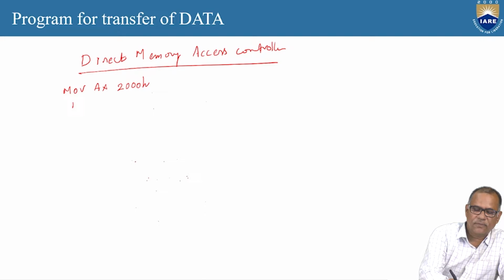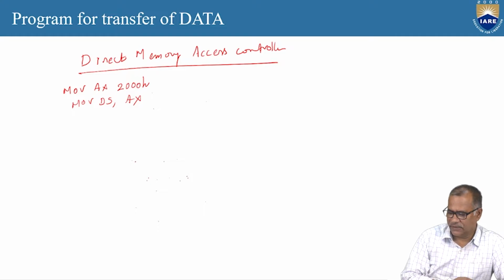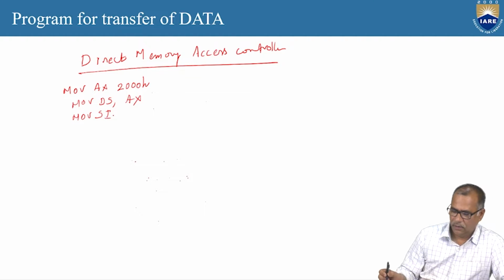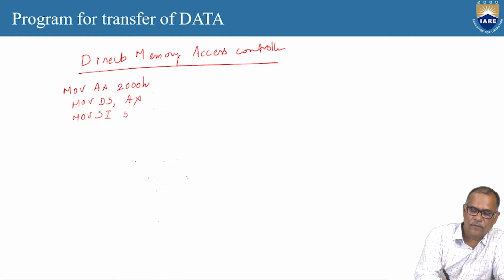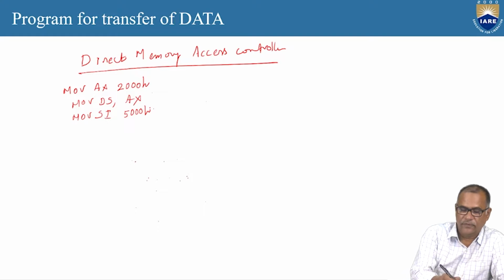Then MOV DS, AX. So the base address is stored into the data segment, or the data segment is initialized with the base address. Then MOV SI, 500H. So the SI register points to the location 500.